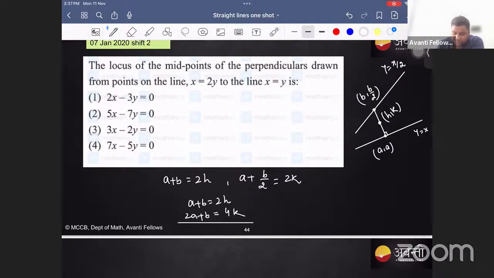You just subtract both of them. If I subtract them, I get minus a as 2h minus 4k. Am I clear?